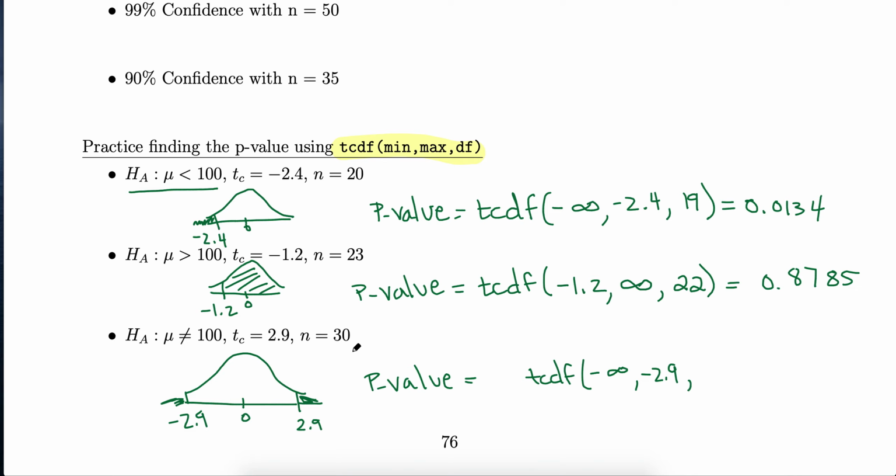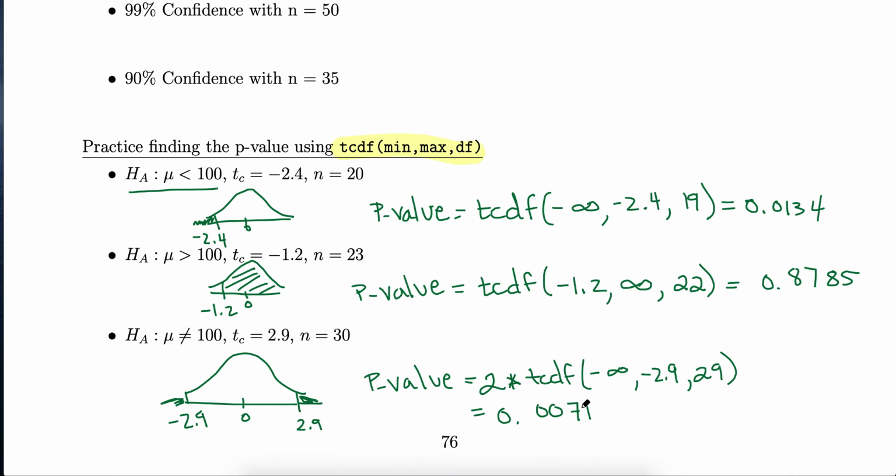Our degrees of freedom, n minus 1, should be 29. So that gives us this lower tail. We need to make sure to double this to get both sides because our HA was not equal to. When you do, you should get something like 0.0071.